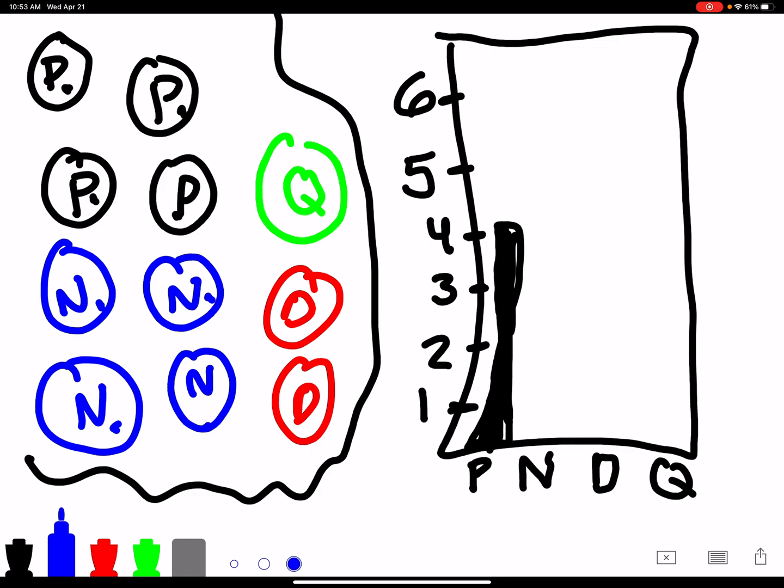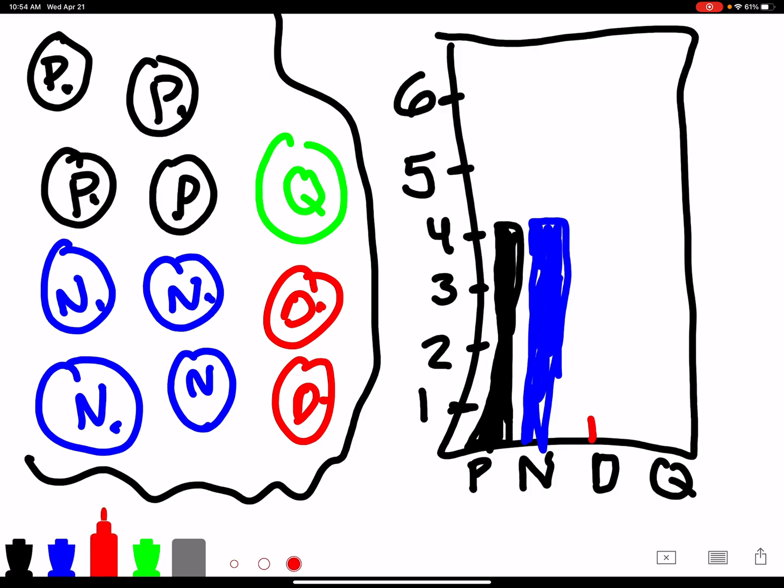I see 4 nickels, so I'm going to draw another line to the 4 to represent 4 nickels. And then what about dimes? 1, 2. I see 2 dimes. And then for quarter, I just see 1, so I'm going to draw my line up to the 1.